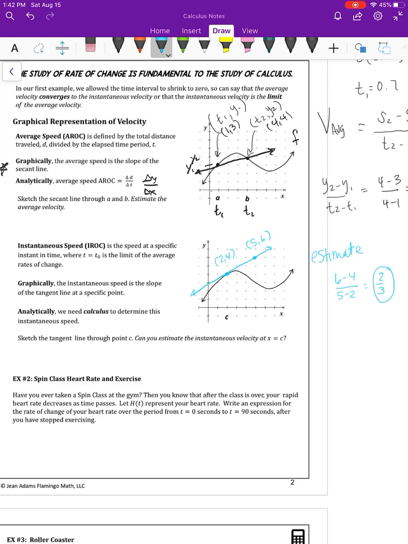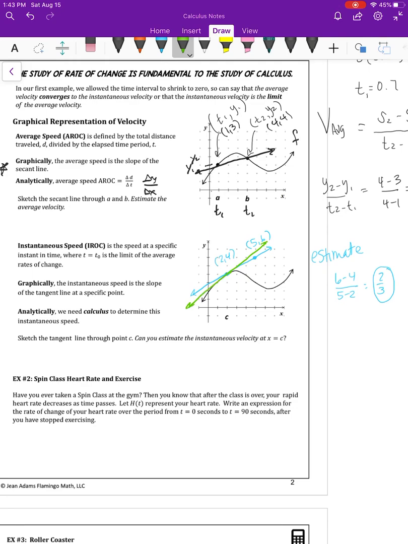So again, you're just drawing the line and you are saying, hey, what's another dot that it goes through? And I was trying to reproduce what I had on my paper, but you might have used another point.